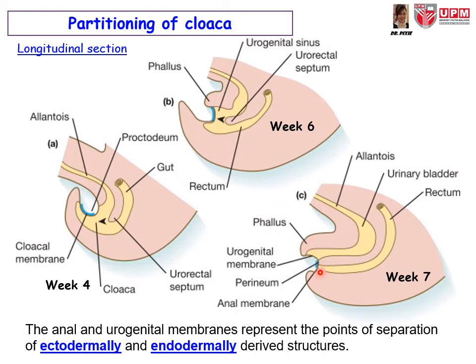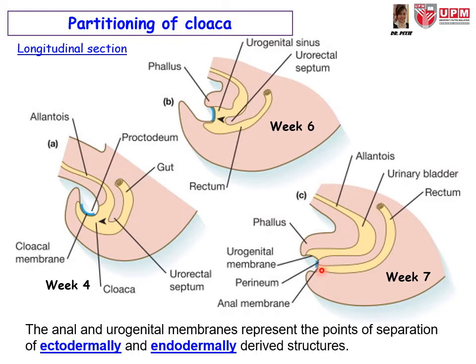When these two membranes rupture, the ectoderm and the endoderm will become continuous with each other. In the urogenital triangle, the point of separation of the ectoderm and the endodermally derived structure is at the fossa navicularis in the male urethra and at the hymen of the distal vagina in the female.